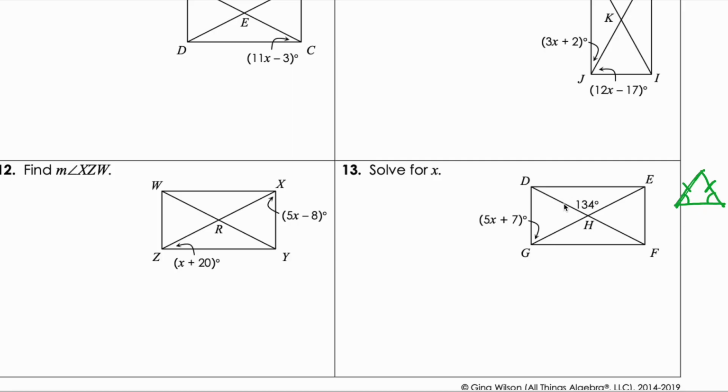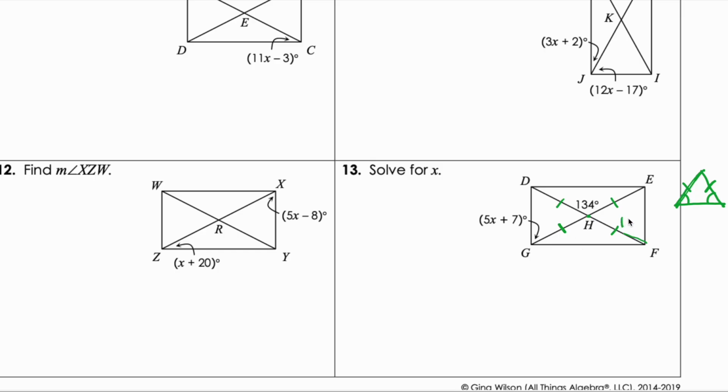We know that all of these, right, this side is congruent to this side, and this side is also congruent to this side, and all of them are congruent because the diagonals are congruent, and this bisector is cutting in half two congruent diagonals.